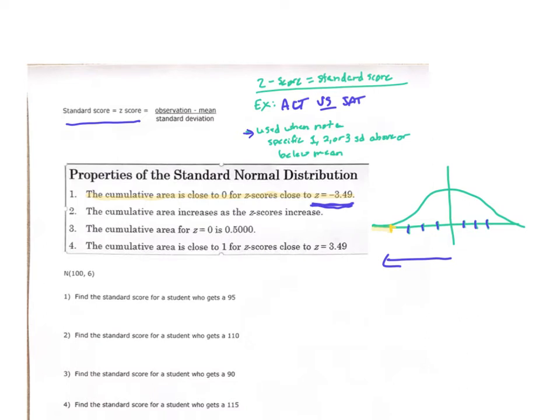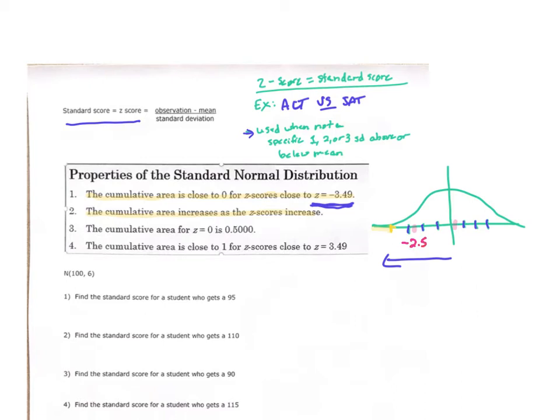Okay? The second property says that the cumulative area increases as the z-scores increase. This should make sense to you. If we look at a z-score of negative 2.5, and we compare that with 0.5, then for negative 2.5, we are clearly below the mean, 2.5 standard deviations.